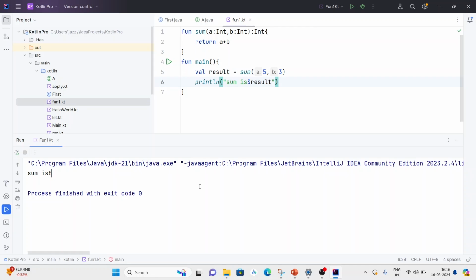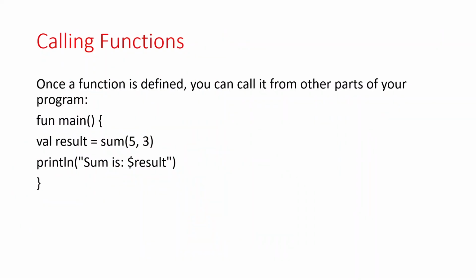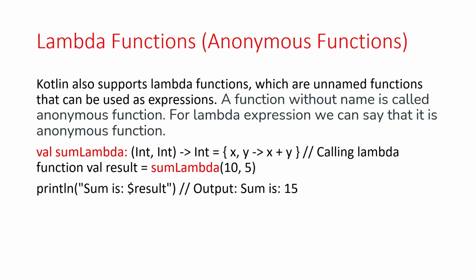Now move into the PPT. Now move on to the types of function. In Kotlin, the first type of function is the lambda function, which is also called the anonymous function. Kotlin also supports lambda functions, which are unnamed functions that can be used as an expression. A function without a name is called an anonymous function. A lambda expression, we can say, is an anonymous function.